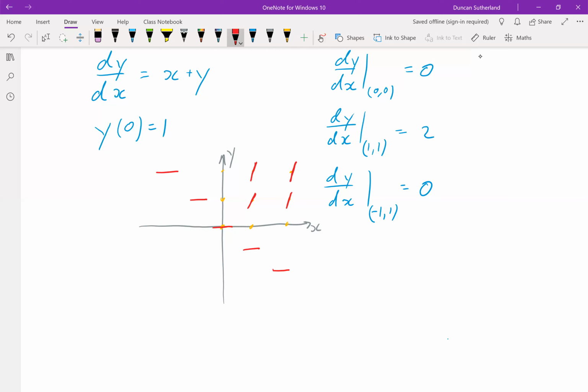But that's sort of what the derivative in there is going to look like. Out here, let's say at this point here, we're going to have slope 1: -1 plus 2 is 1. So that's going to be like that, approximately.